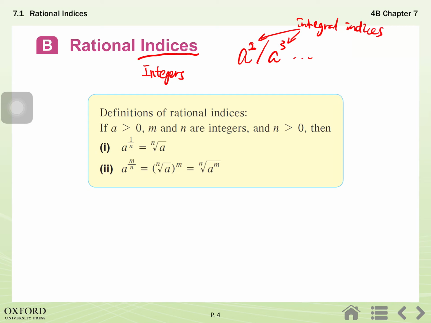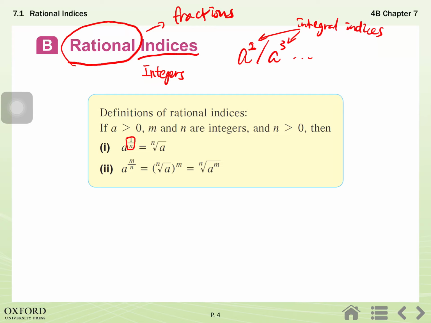Now we extend our index to consider rational indices as well. What is rational? You can think of fractions, like this one: 1 over n is a rational number.